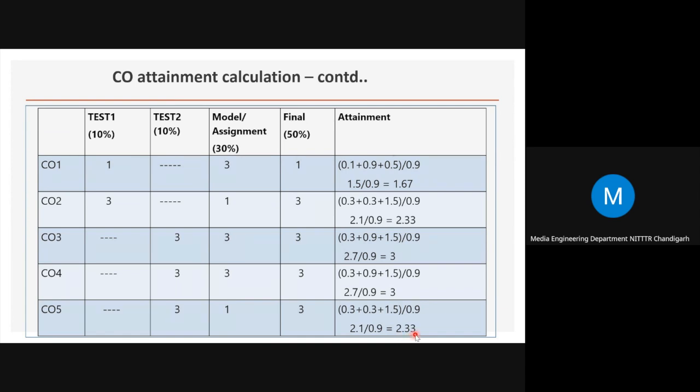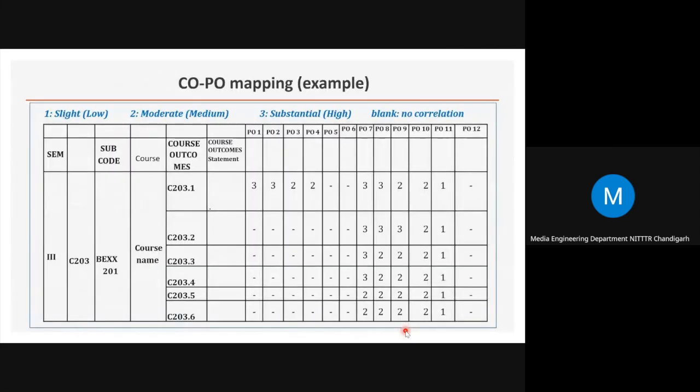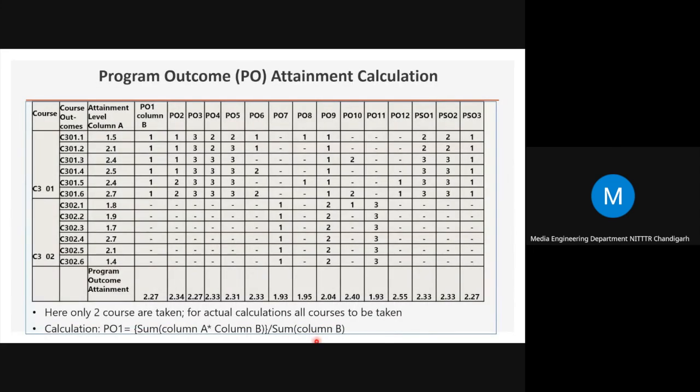So if we have to calculate PO attainment using this CO attainment, then these values 1.67, 2.33, 3, 2.33 will be considered for the PO attainment. In this slide, the column A values show that type of values for these courses.